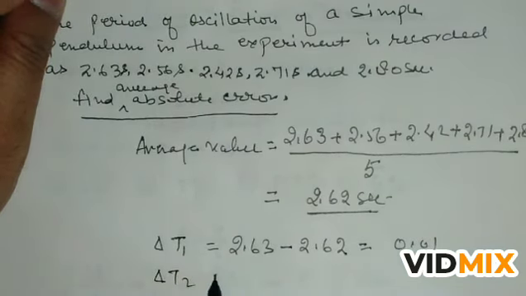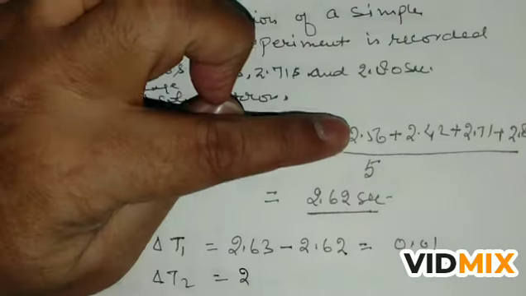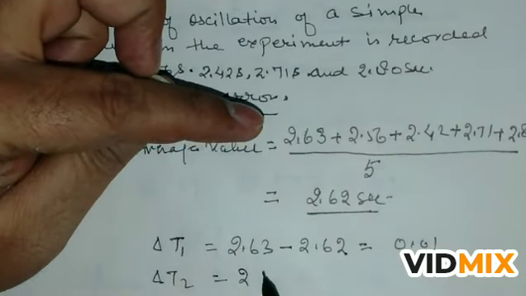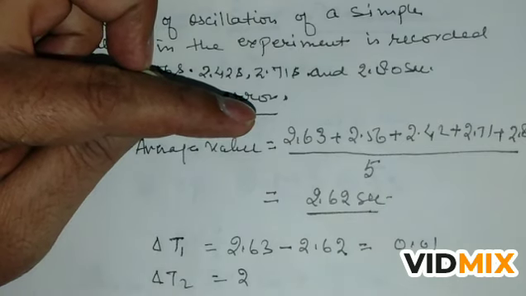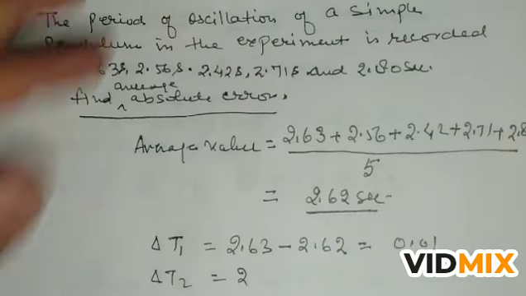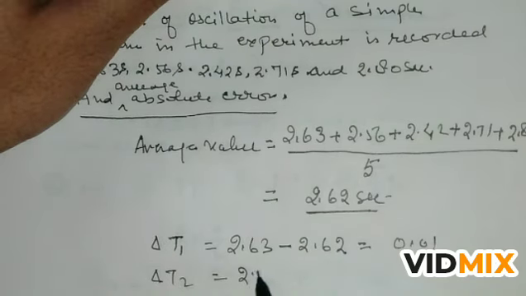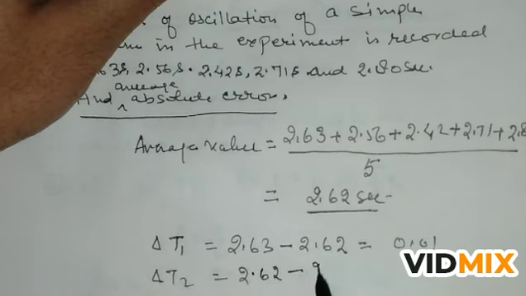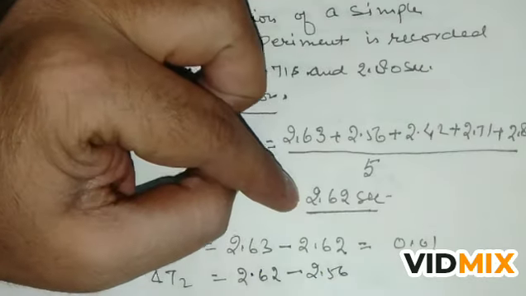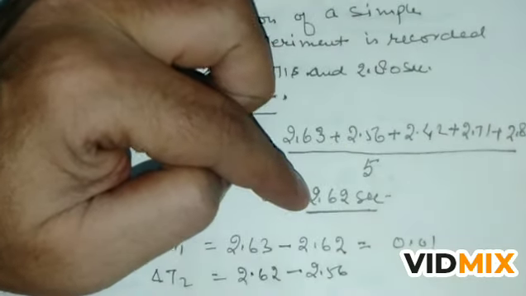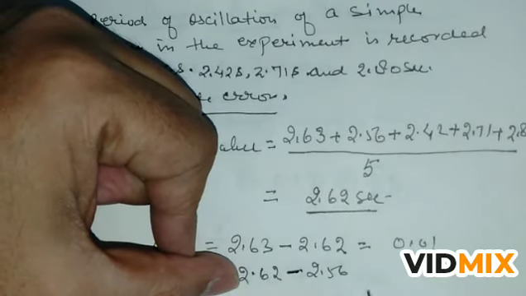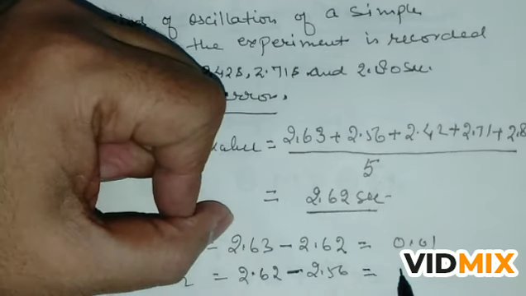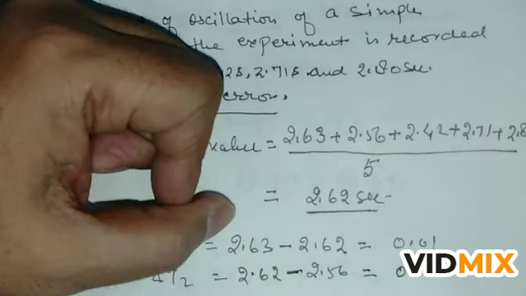Delta T2 is equal to 2.62 minus 2.56, since 2.62 is more than 2.56, that's why I am taking 2.62 and subtracting 2.56, and the value is 0.06.